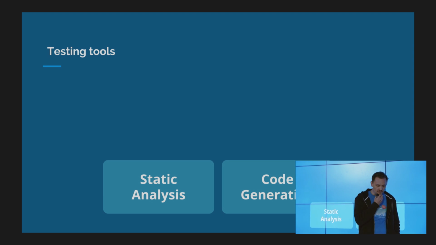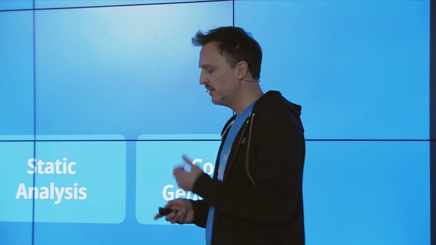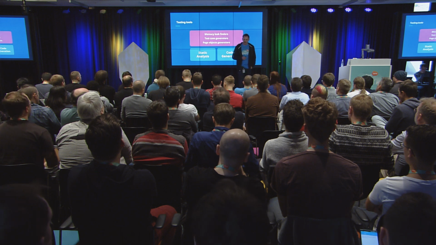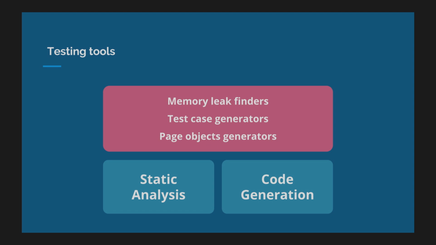We also, our testing team was able to take advantage of a few features of the Dart language that allow you to do static analysis and generating code. And they built us a few very cool tools. They're here, by the way, Tianfei and Jingbian. I don't know if you guys write any memory leaks, but we do. They build tools that are able to find specific code patterns that lead to memory leaks.